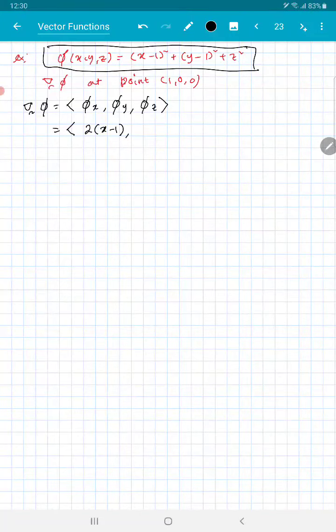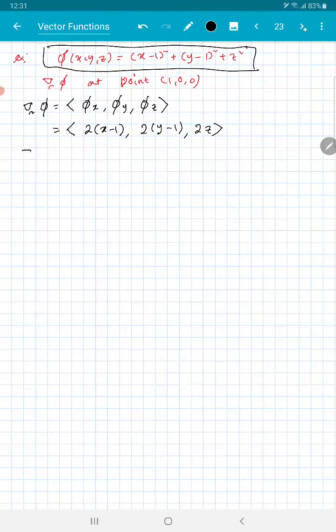For the y component, we differentiate phi with respect to y. The x term gives us 0, and the z term gives us 0 as well, so we only have 2(y minus 1). And for partial phi partial z, differentiating phi with respect to z, we get 2z.